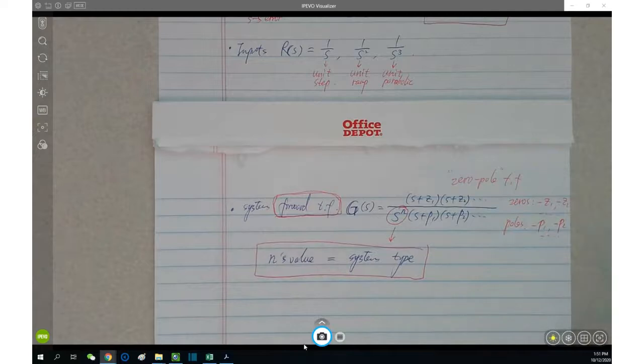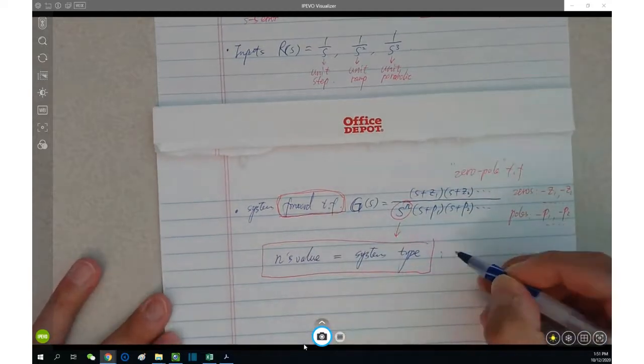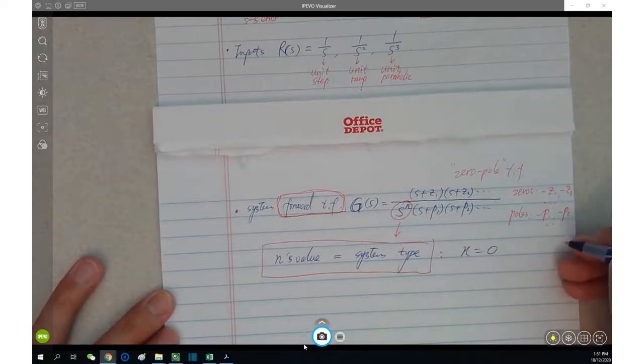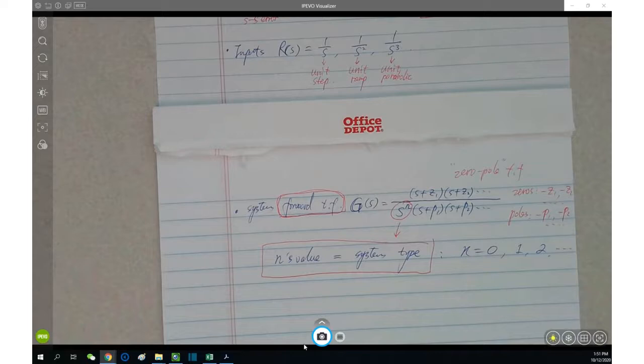The value of n here, n is the order of the s term, right? The value of it is equal to the system type. So the system type might be 0, 1, 2, or 2 plus, right?